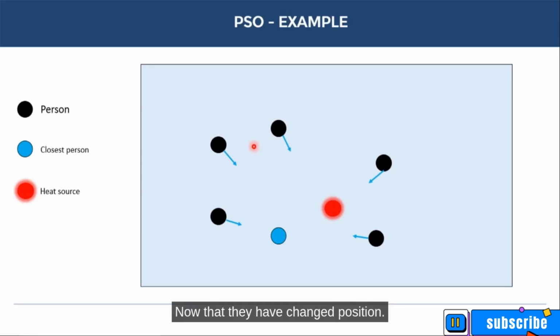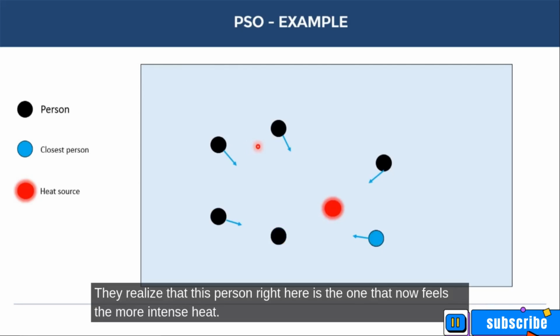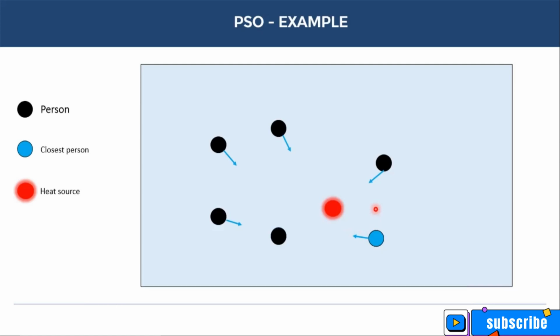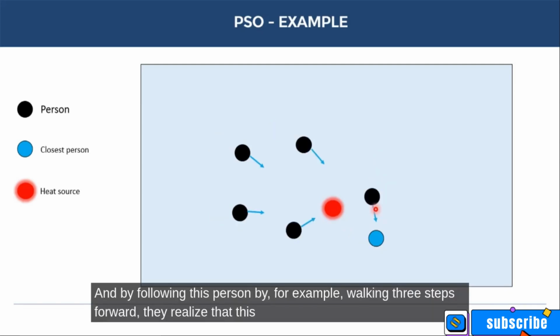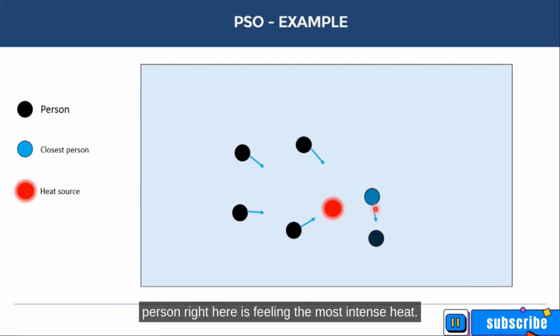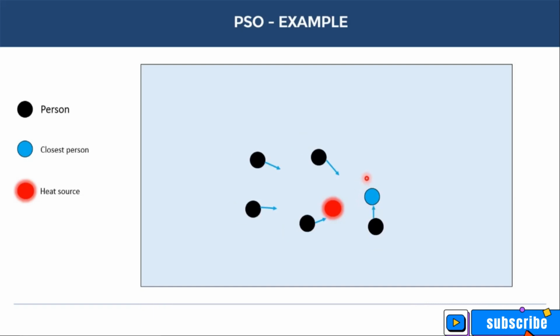Now that they have changed position, they realize that this person right here is the one that now feels the more intense heat. So they try to follow this person, and by following this person, by, for example, walking 3 steps forward, they realize that this person right here is feeling the most intense heat, and they tend to follow again.